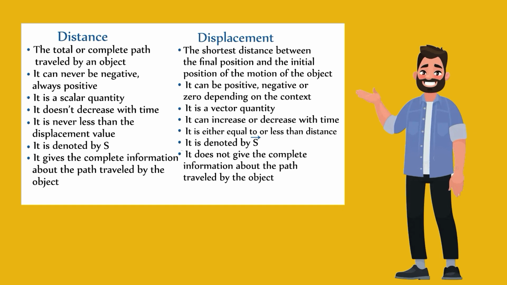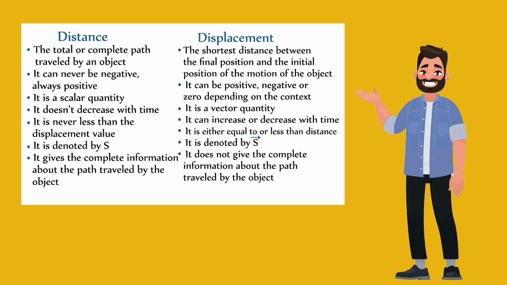The second difference is that distance can never be negative, it is always positive, while displacement can be positive, negative or zero depending on the context. The third difference is that distance is a scalar quantity, while displacement is a vector quantity. Students, we'll learn more about scalar quantity and vector quantity in the next chapter.